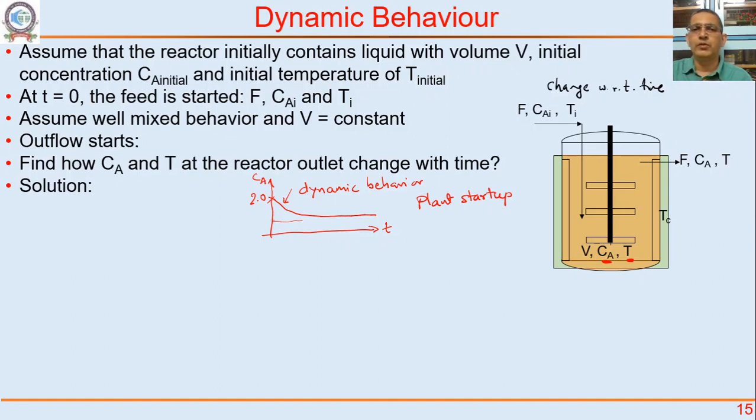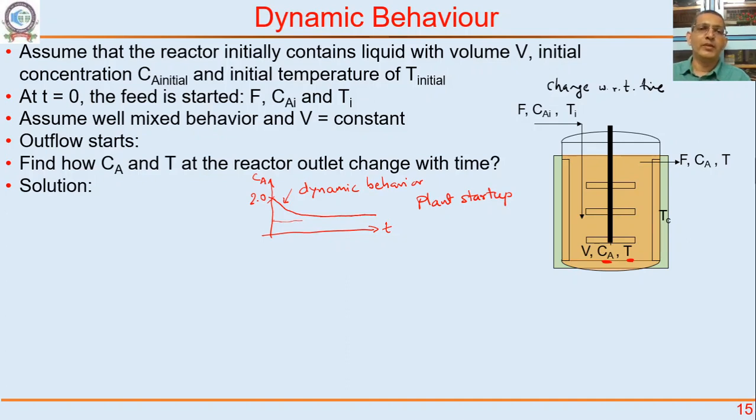This is very important in terms of how fast my plant approaches the steady state, whether it takes 1 hour, 12 hours, or 5 minutes to reach steady state. Obviously, the sooner it reaches steady state, the better it is for our operational convenience. If it is going to require 12 hours, 24 hours to come to steady state, then plant personnel have to monitor the plant very carefully, make sure that conditions are safe.